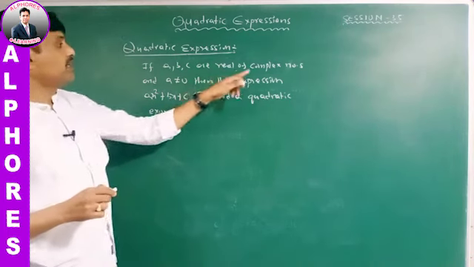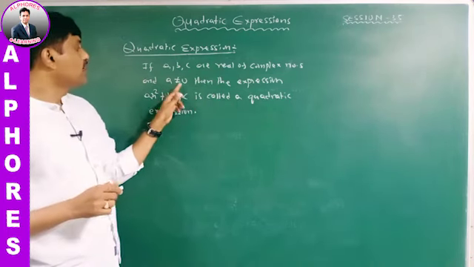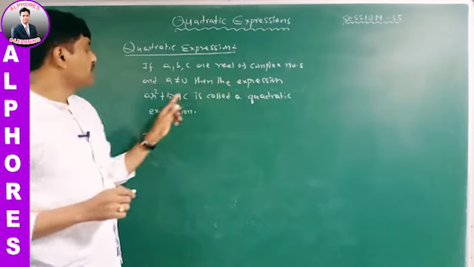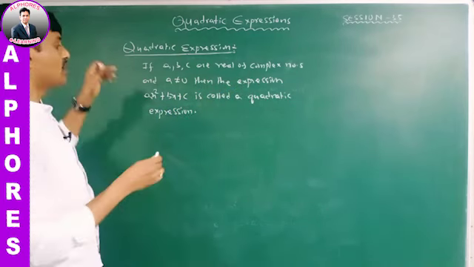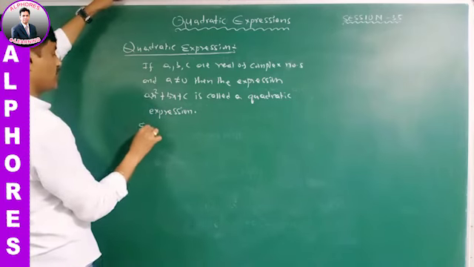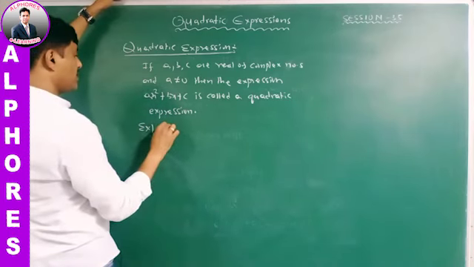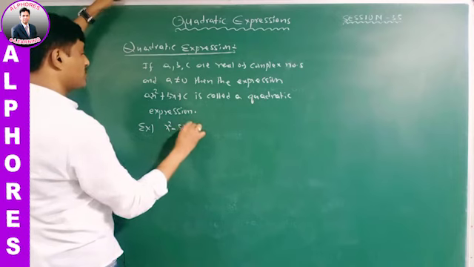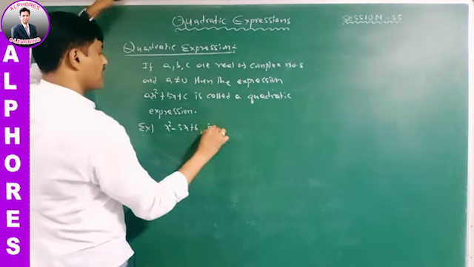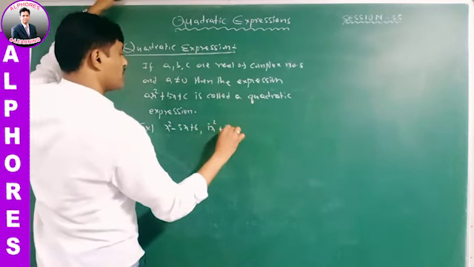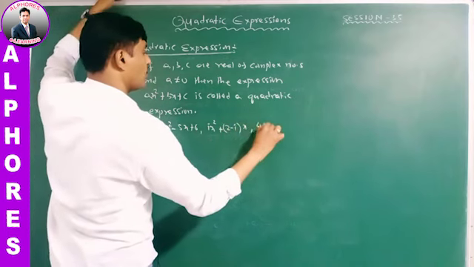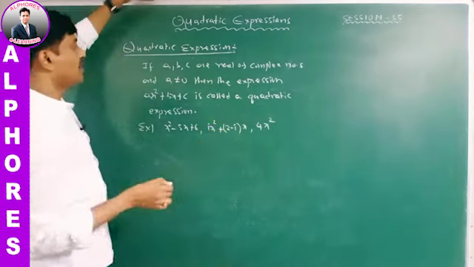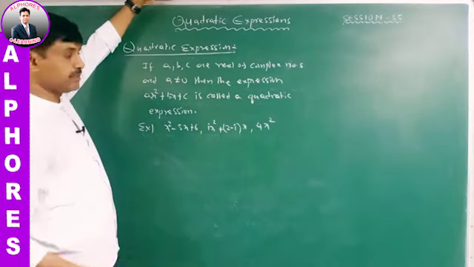If a, b, c are real or complex numbers and a not equal to 0, then the expression ax square plus bx plus c is called a quadratic expression. Examples: x square minus 5x plus 6, ix square plus (2 minus i) into x, or 4x square. These are all quadratic expressions.